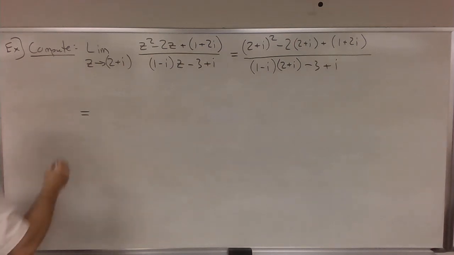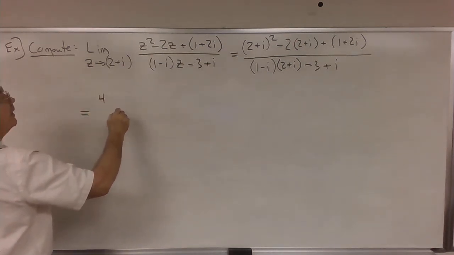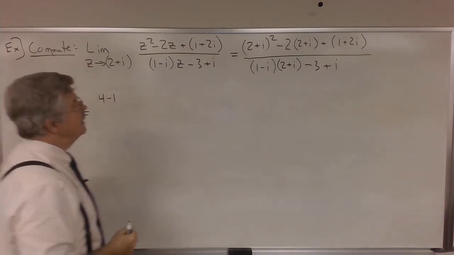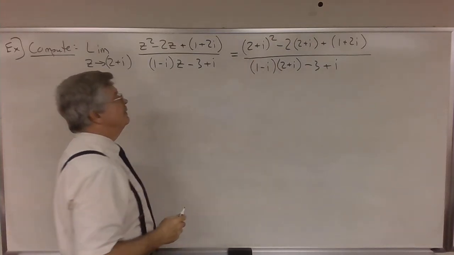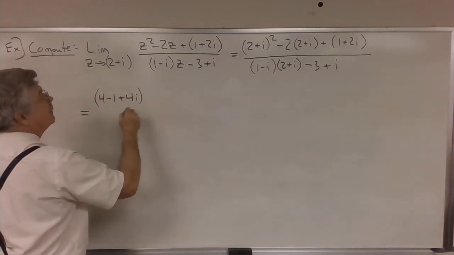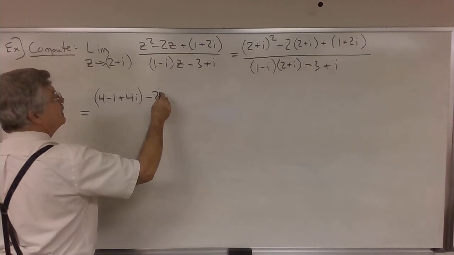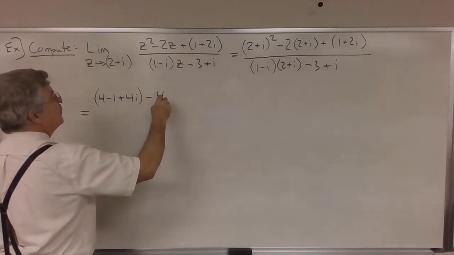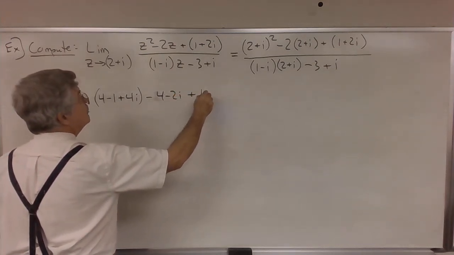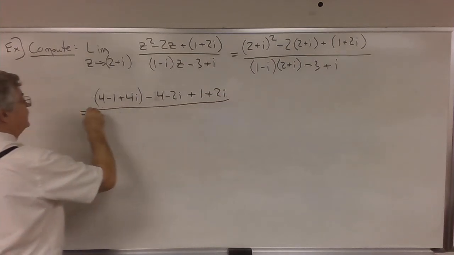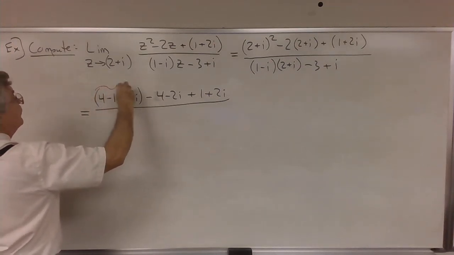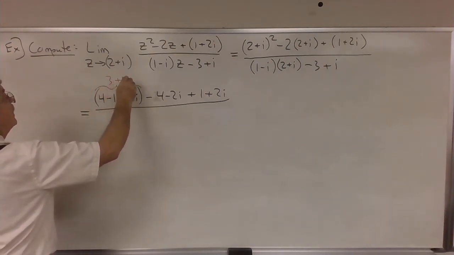So 2 plus i squared, we get 4. And when we square i, we get minus 1. And then we get the first times the second doubled, so that's 4i. Minus 2 times 2 is 4. Minus 2i. Plus 1 plus 2i. And up above here, I'll just write what that really is: 3 plus 4i.